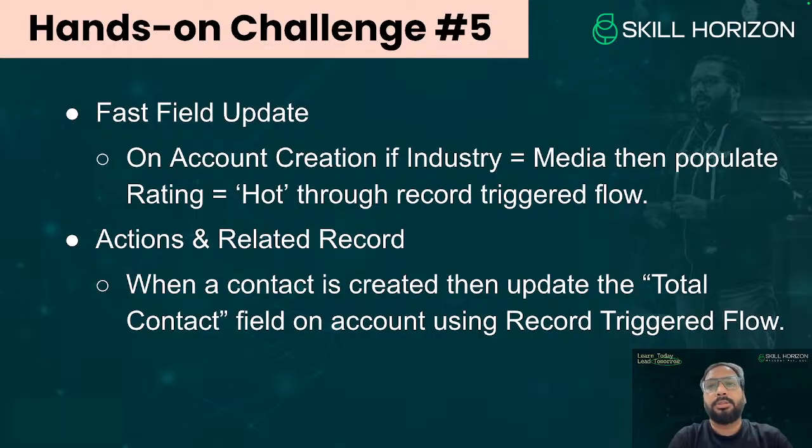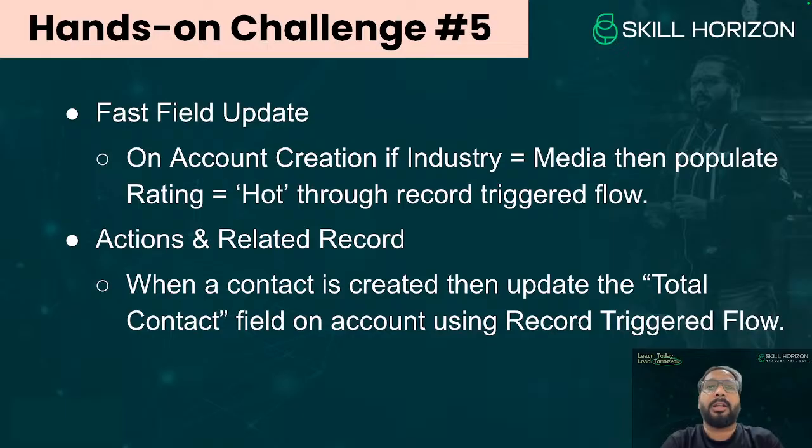Okay, so this flow we will be implementing in two different ways. Right now, the process that I'm going to implement, we will be fetching the existing value of that total contact and then incrementing it by 1.